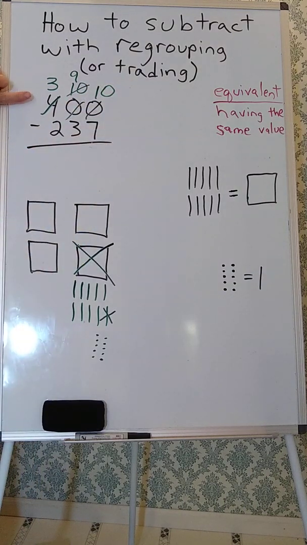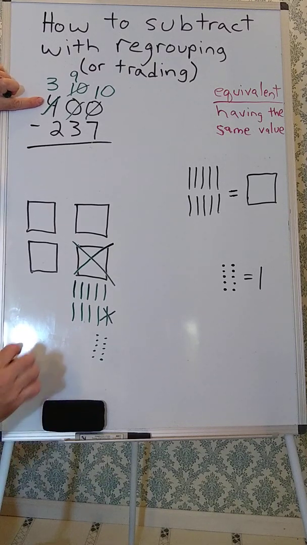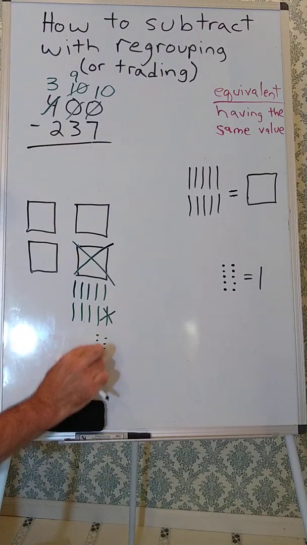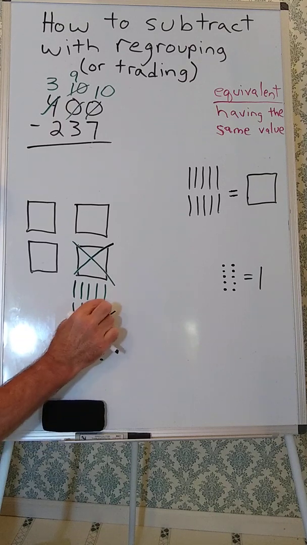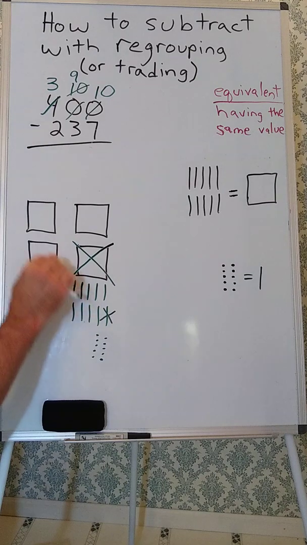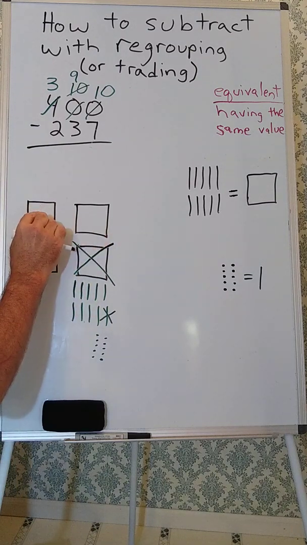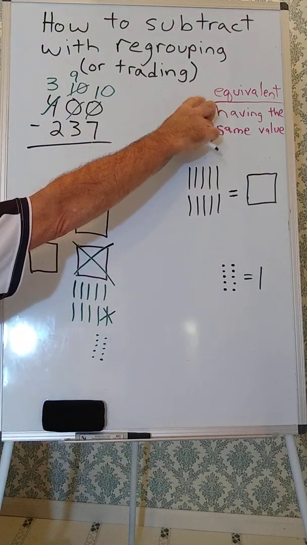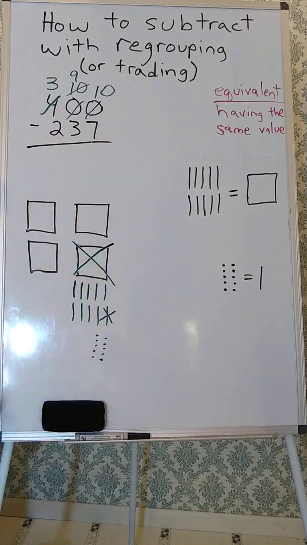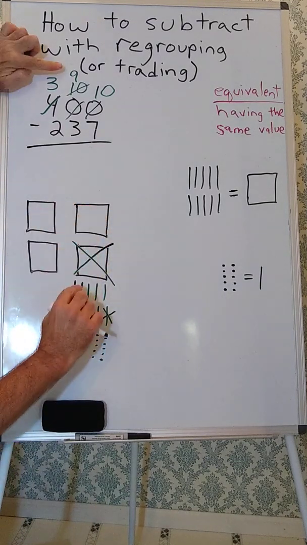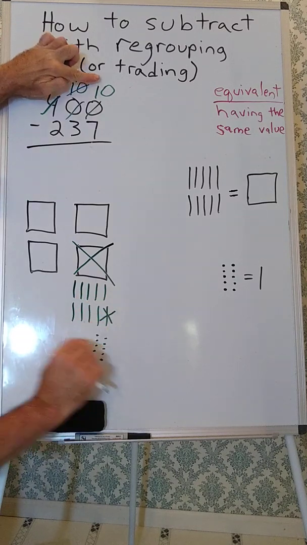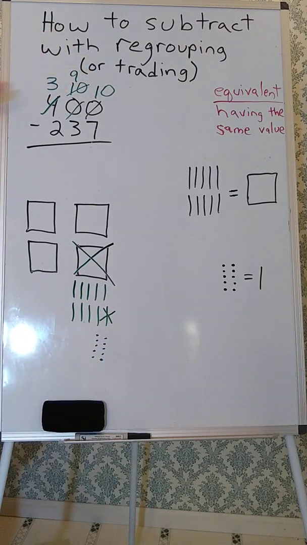And let's think about, are we still starting with an equivalent amount, 400? Well, here's 10, 20, 30, 40, 50, 60, 70, 80, 90, 100. So this is 100, 200, 300, 400. We kept in mind the idea of equivalent, so we're still starting our problem with 400. We're just doing it in the form of 3 hundreds, 9 tens, and 10 ones, and that's equivalent to 400.